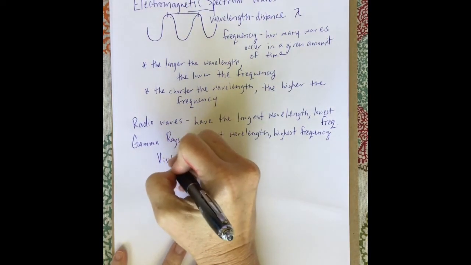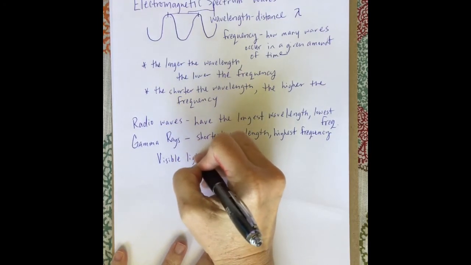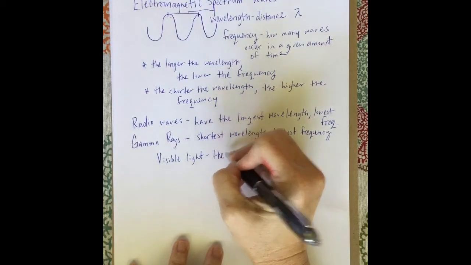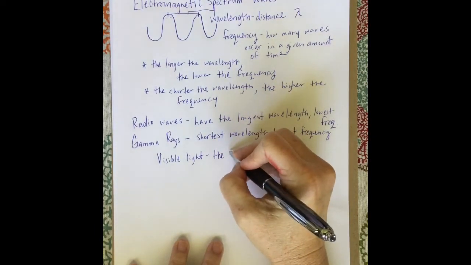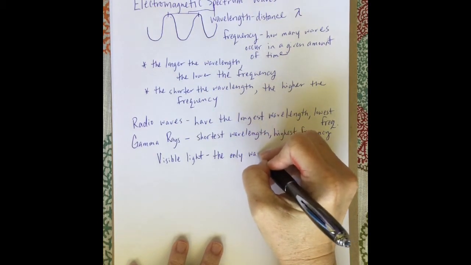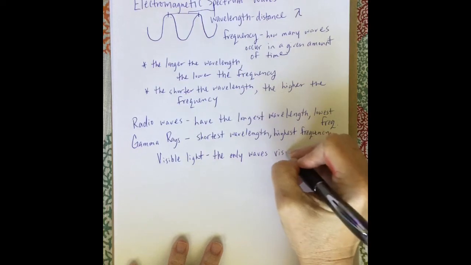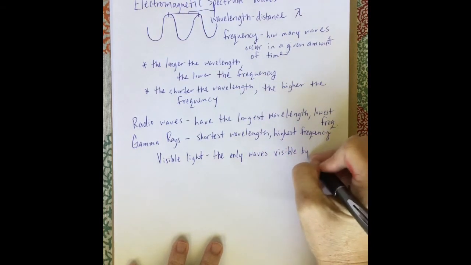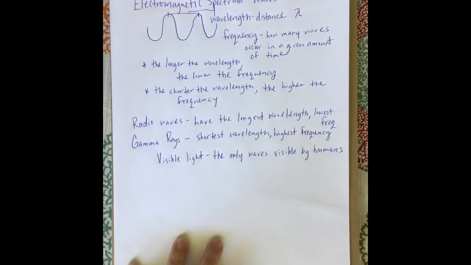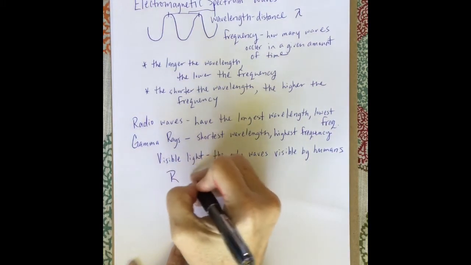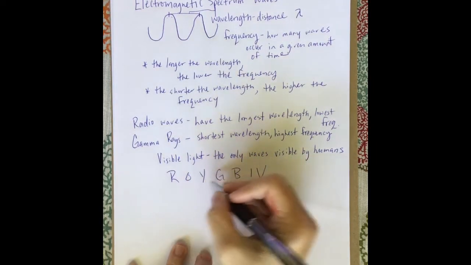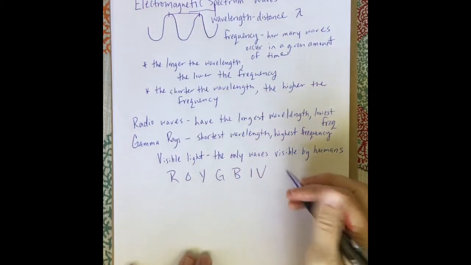Visible light is also on the electromagnetic spectrum, and it is the only waves that we can see. They're the only waves visible by humans. And we know the old acronym for visible light as Roy G. Biv: red, orange, yellow, green, blue, indigo, violet.